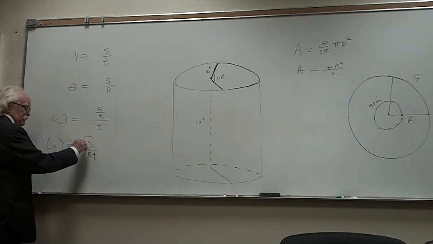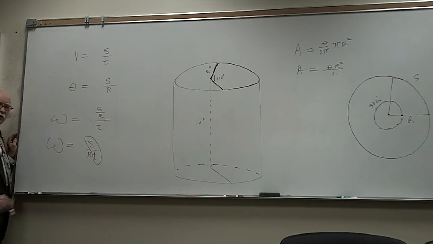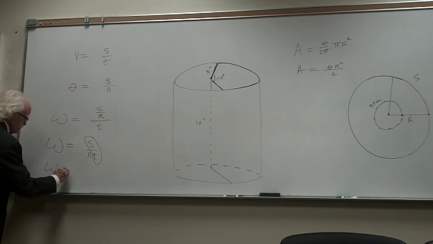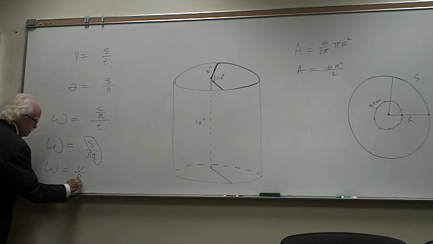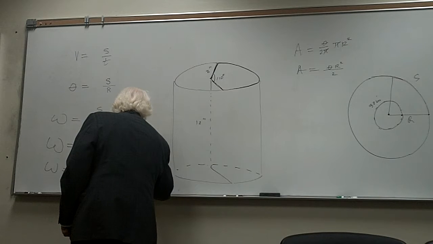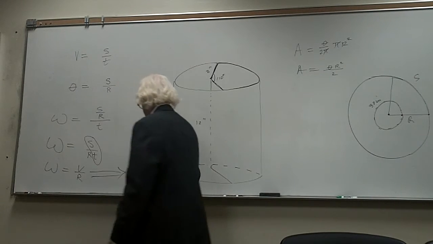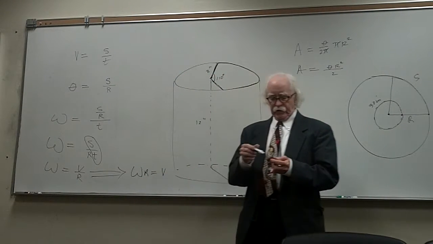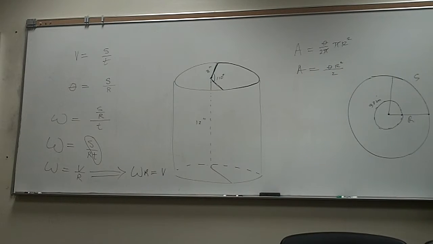Guess what this is right here? So this becomes, omega equals what? So that leads us to believe that omega times R is equal to what? That's the relationship between angular velocity and linear velocity.